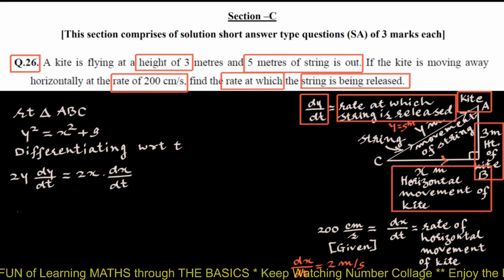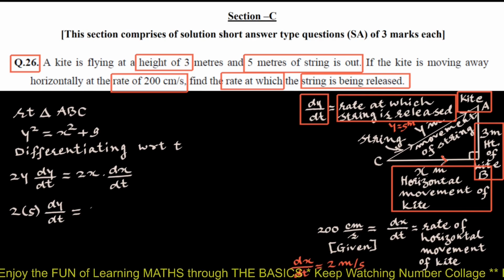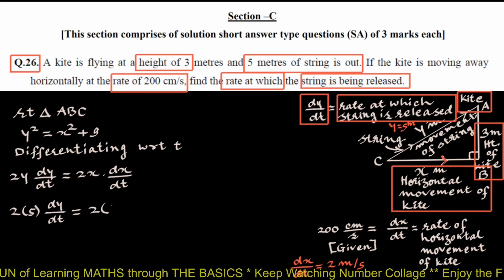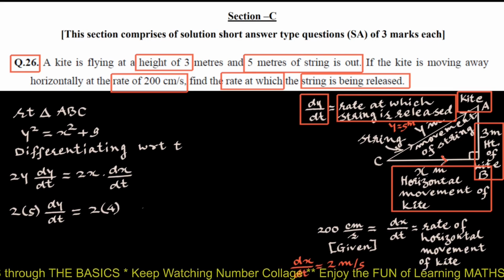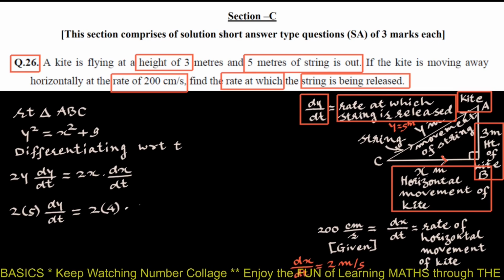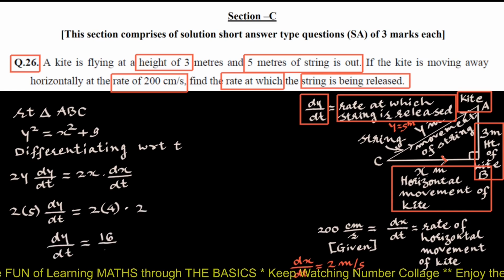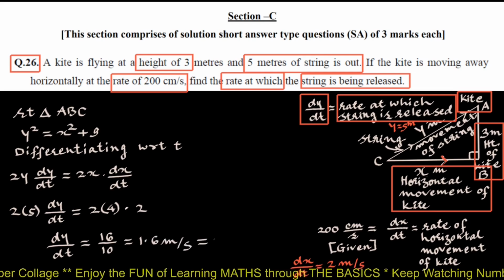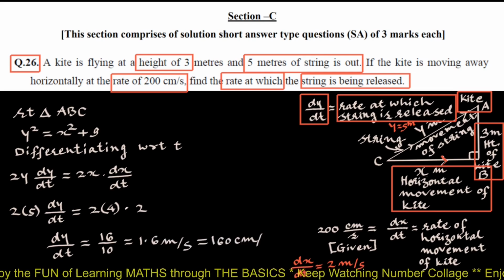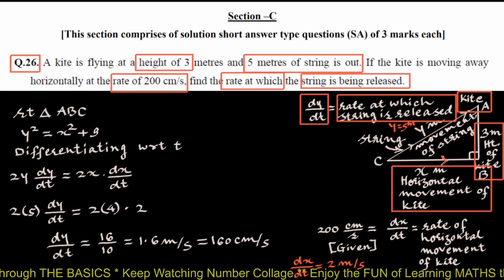Putting the values, 2 into 5 dy by dt equals 2 times x, which is 4 according to the Pythagorean triplet 3, 4, 5, and dx by dt is 2. So dy by dt will be 16 upon 10, 1.6 meters per second, that is 160 centimeters per second. So this is the rate at which the string is released.